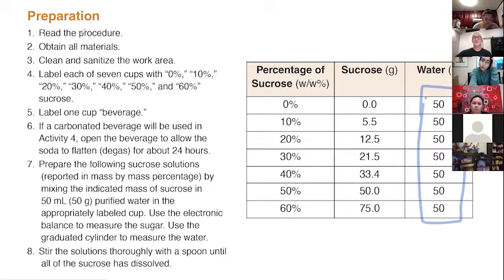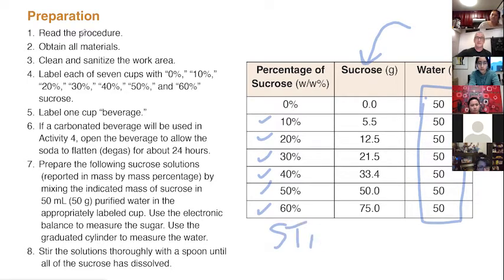No, it says 50 grams. So we're actually going to measure 50 grams of water. And then we're going to measure sucrose, which is a solid. I'll be showing you when we get together how we measure the mass of a liquid and how we measure the mass of a solid. So we're going to be making 1, 2, 3, 4, 5, 6. These are called standard solutions.